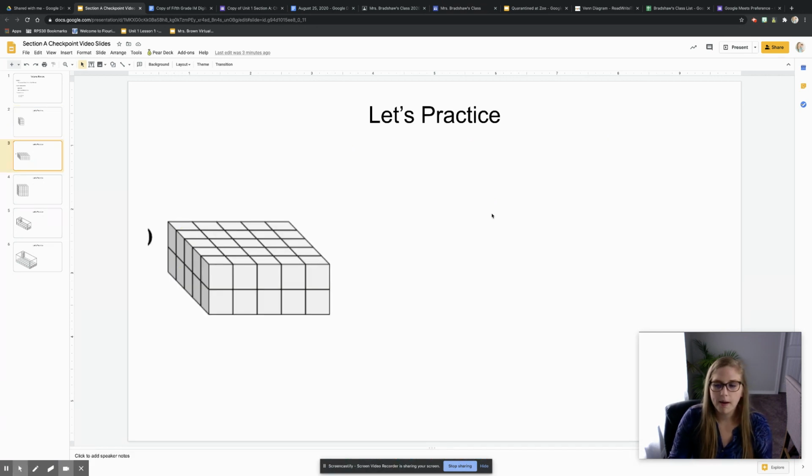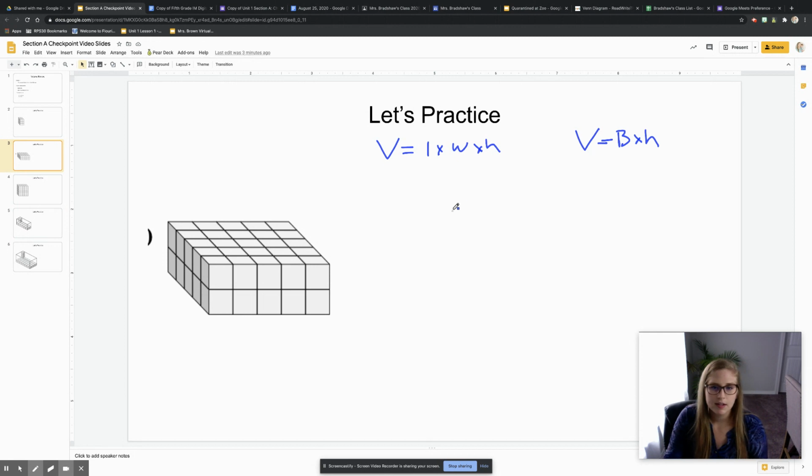All right, going on to the next problem. Go ahead and pause the video and try this one. All right, let's solve it together. Volume equals length times width times height. Volume also can be solved doing base times height. I'm going to solve length times width times height first.